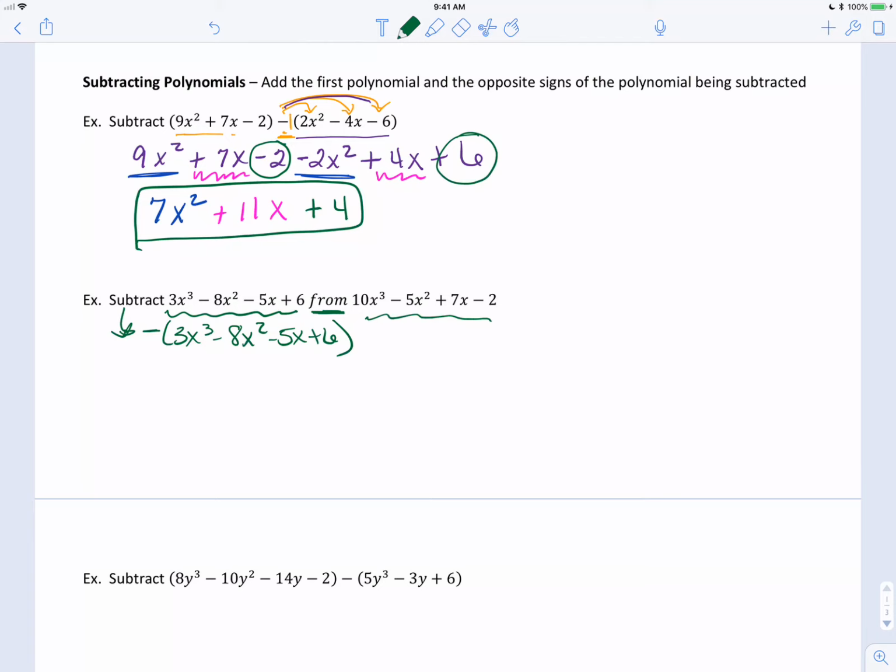So if we were to set this up, we would say this is our original one. So 10x cubed minus 5x squared plus 7x minus 2. Okay, this is the one that's being subtracted, so we're going to have to go change all these signs.